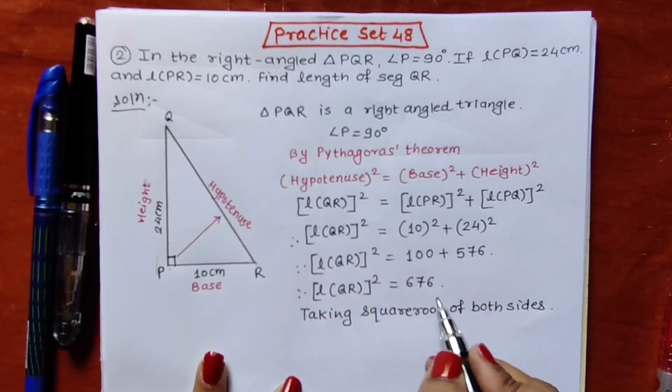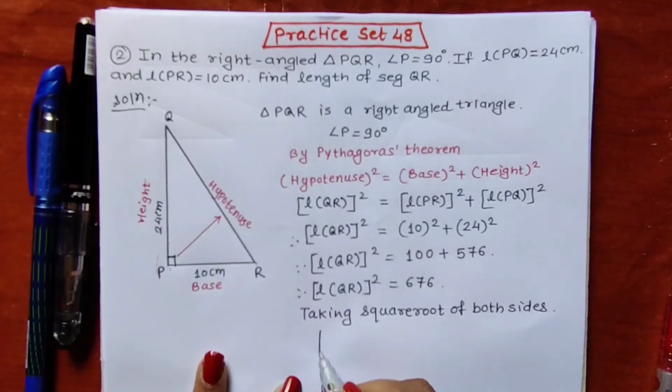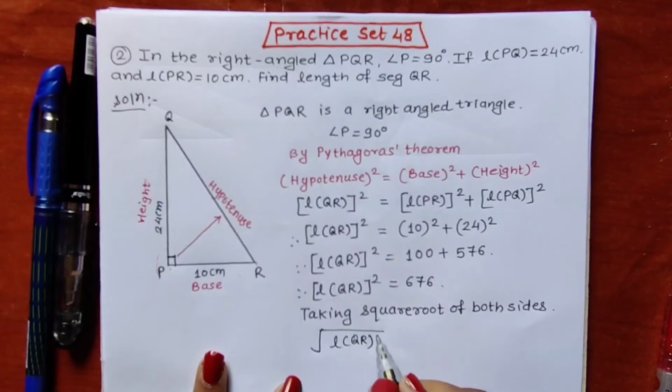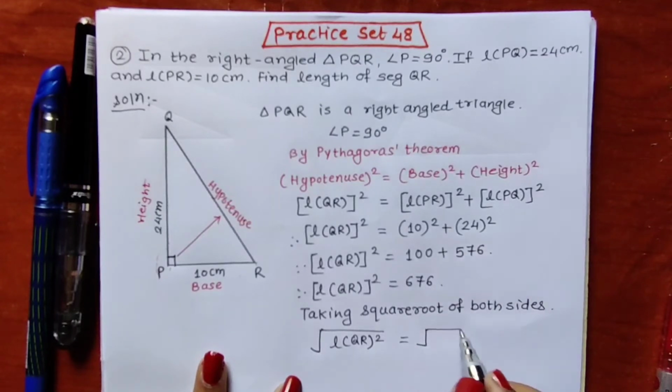So I will put both these sides under square root symbol. Under square root, length QR square is equal to under square root 676.